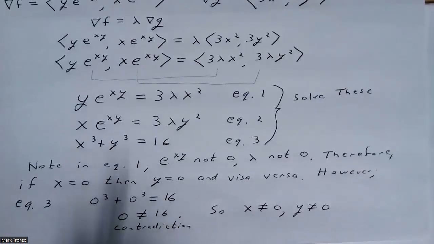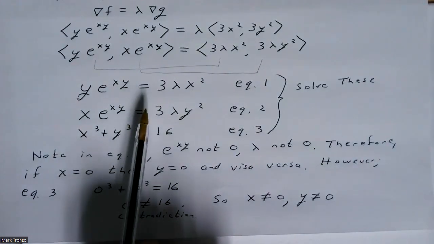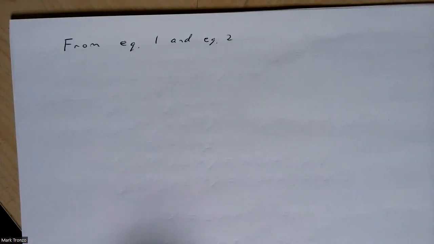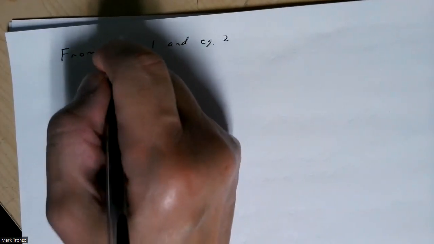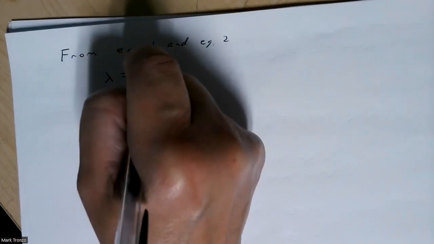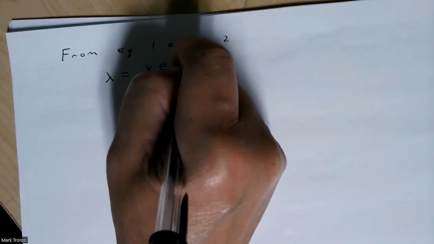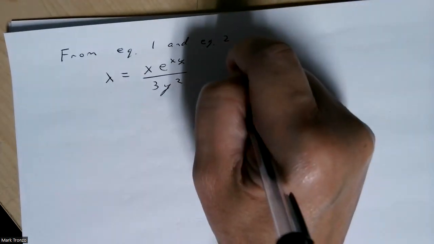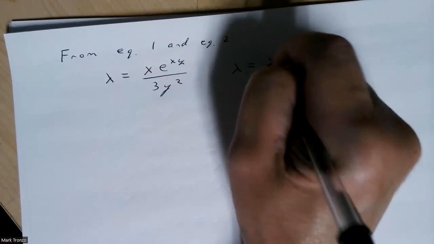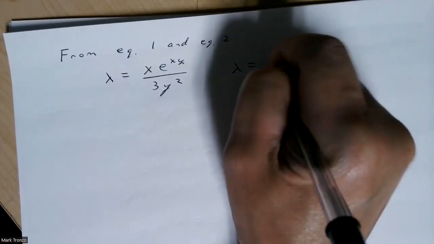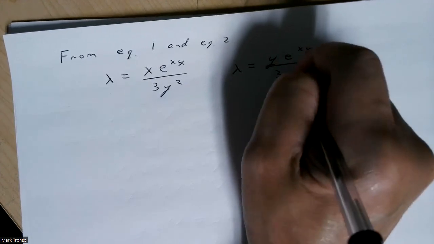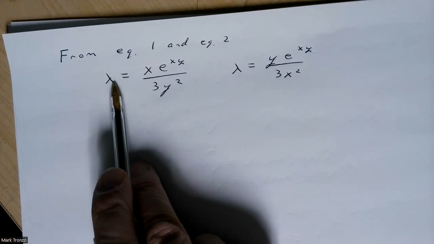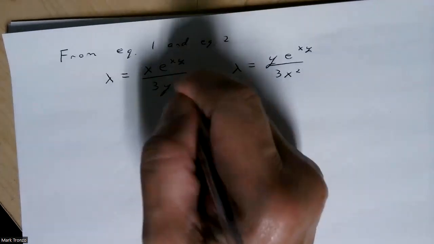If we go back and look at equations 1 and 2, we can solve each of those for lambda. And now, since this is lambda and this is lambda, we can set these equal to each other.